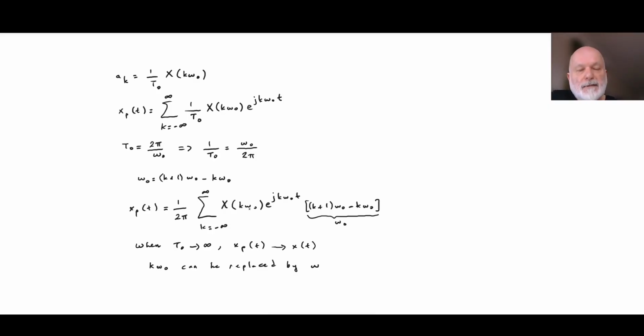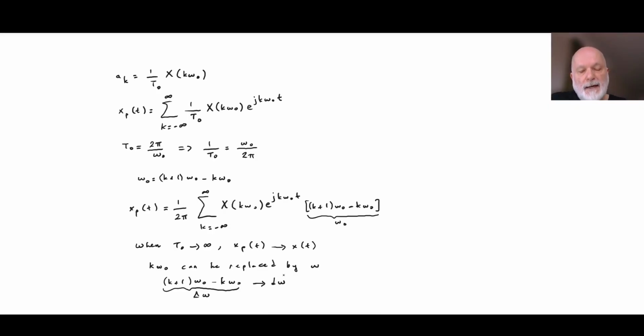And in the limit, the discrete frequencies will tend to a continuum. And (k plus 1) omega 0 minus k omega 0, which is the frequency increment, delta omega, will tend to d omega.